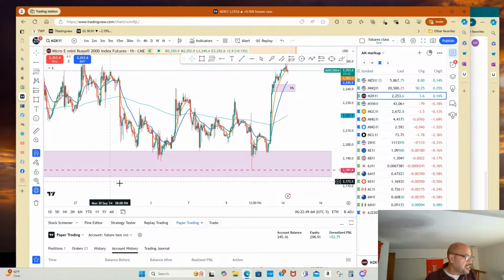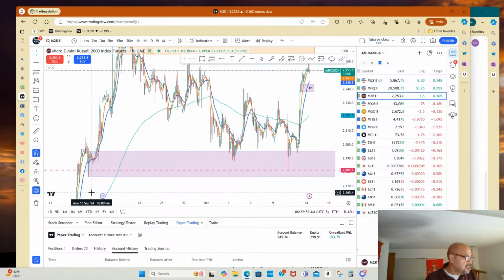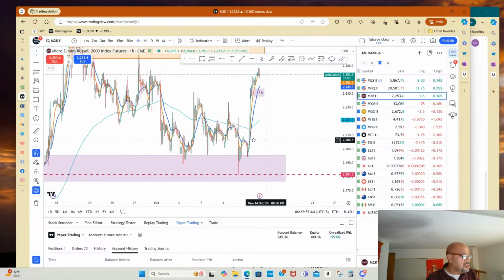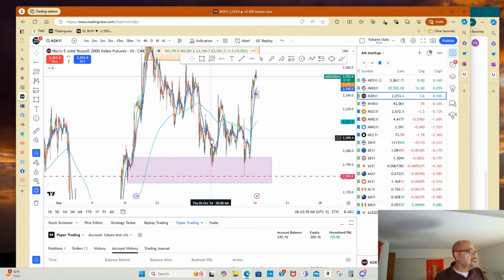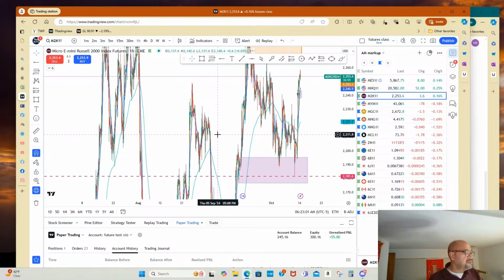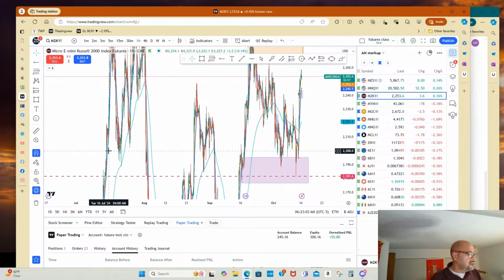If that's back, it's back almost a month, September 16th. But it is what it has done as well. Bounced in and out around there.